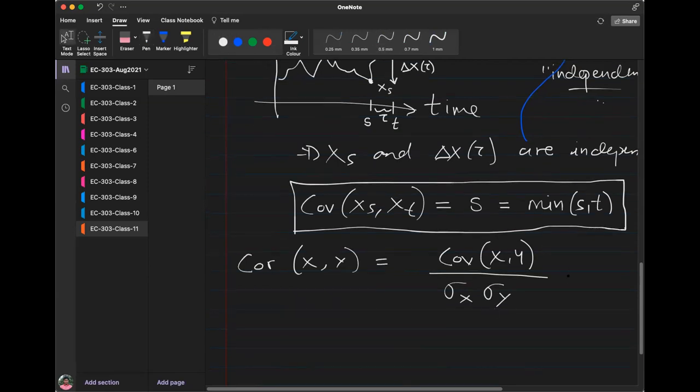So I will let you calculate: what is the correlation between xt and xs? But this already captures the basic idea.